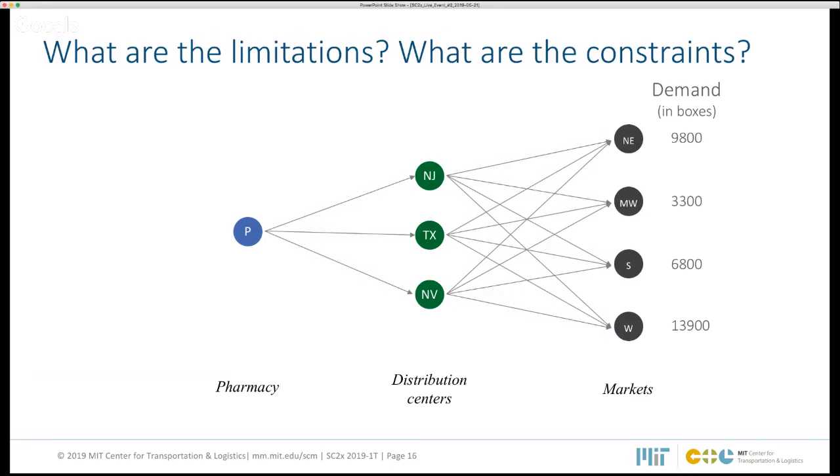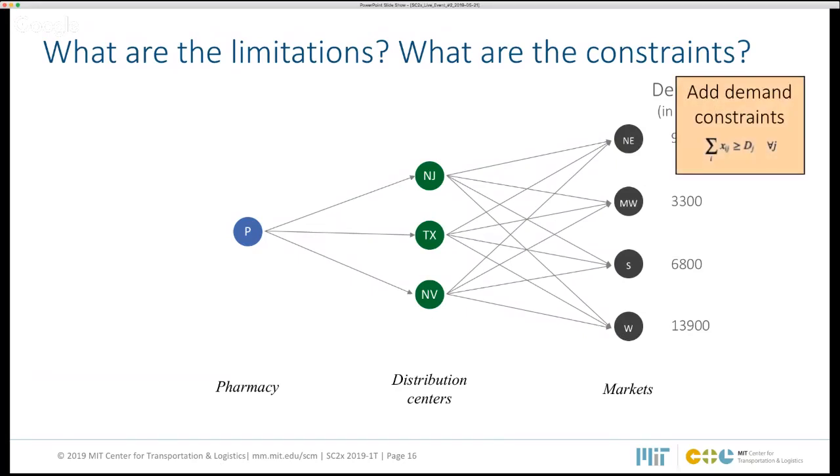Since we have a demand to fulfill, the model should include a constraint related to the demand. So we need to add demand constraints. How many of these constraints should we include? As many as markets we have. In this case, we have 4 markets. That's why we need to add 4 of these demand constraints, one associated to each of the markets.